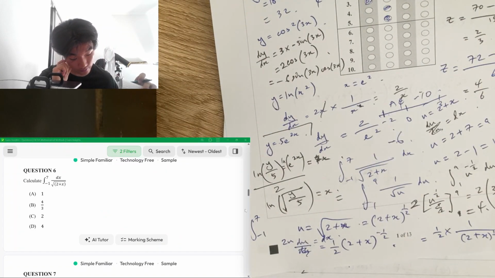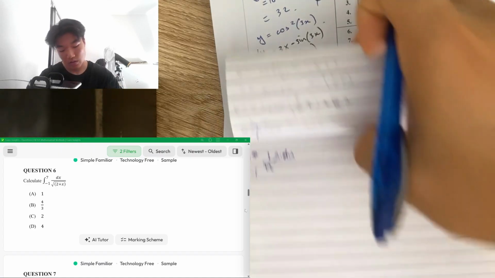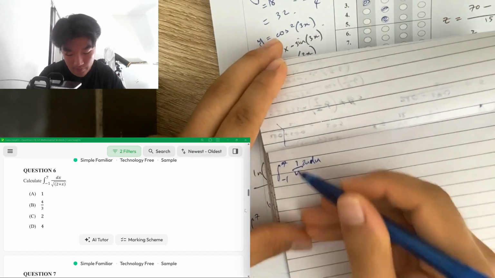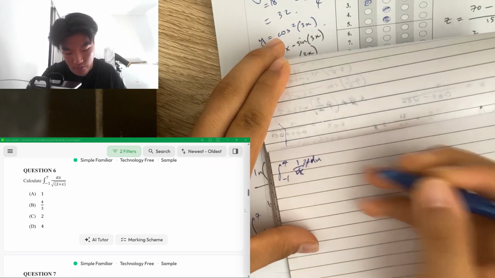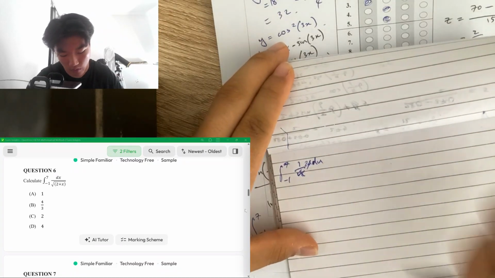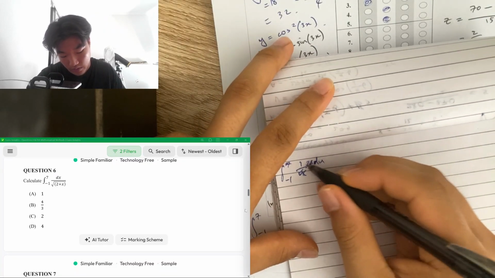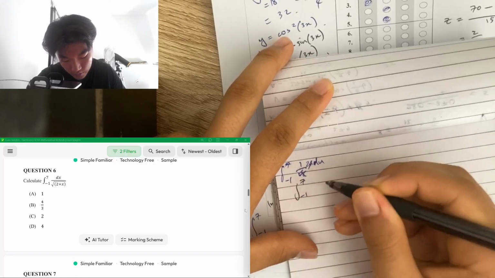This is a bit strange, a bit unusual. Interesting. Anyways, the u's cancel, but I don't think that means it's wrong. In this case, it becomes 7, negative 1.